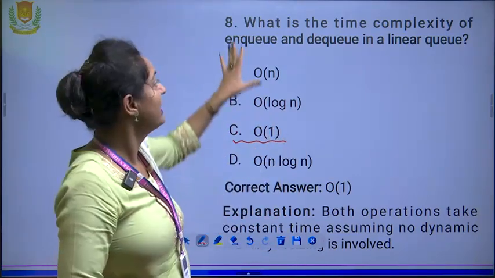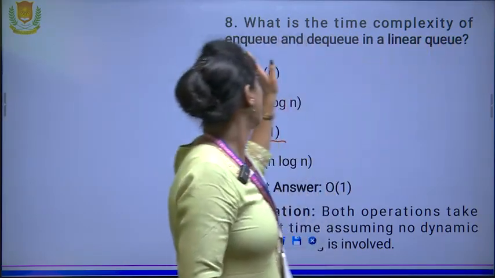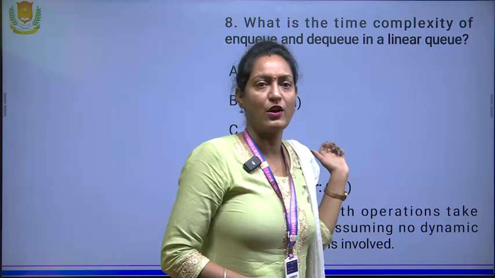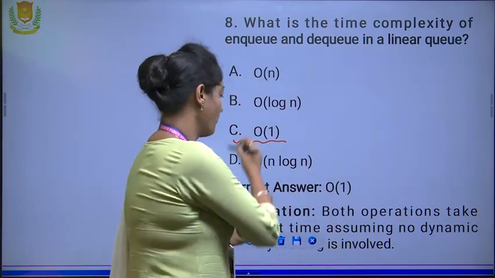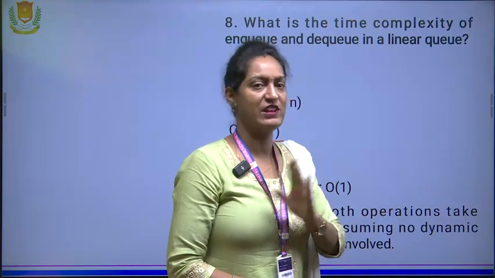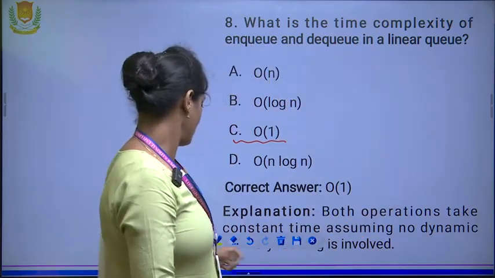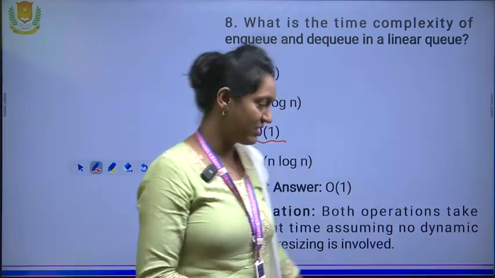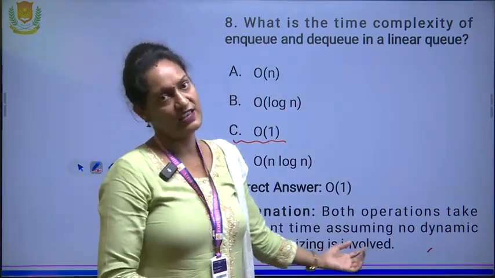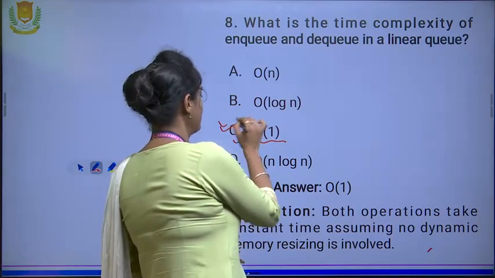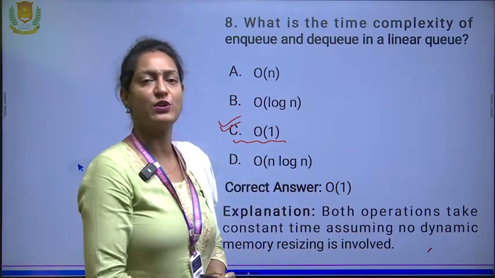So the time complexity of enqueue and dequeue in a linear queue is order 1. Both operations, enqueue as well as dequeue, take constant time, assuming no dynamic memory resizing is involved, right? So the correct option is option C, that is order of 1.